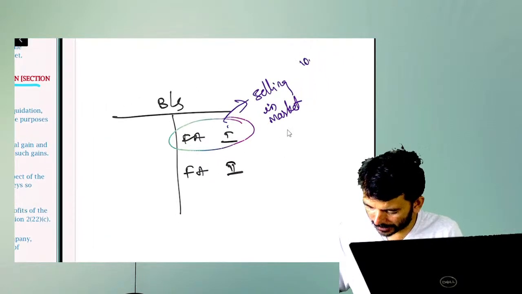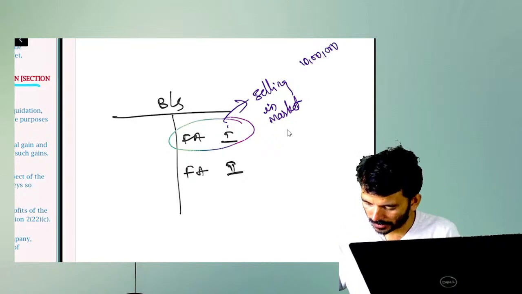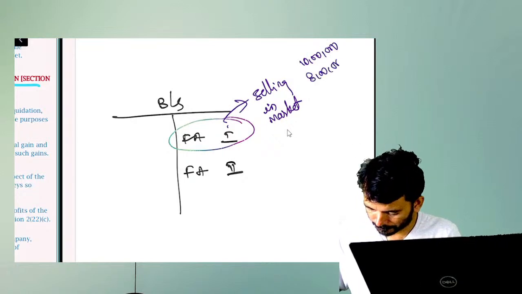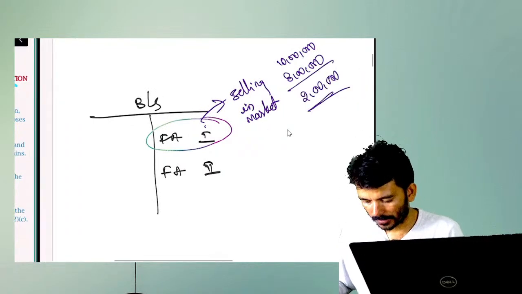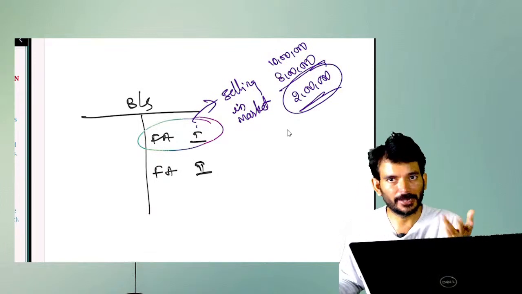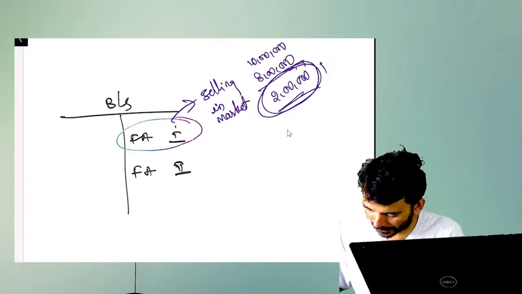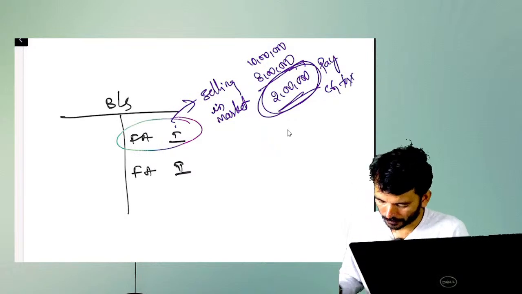Full value of consideration, take an example, 10 lakh, and the cost of acquisition or indexed cost of acquisition is 8 lakh. 2 lakh will be my short term or long term gain, as the case may be, depending upon whether it is a depreciable or non-depreciable asset, and the period of holding also. I have to pay capital gain tax on this.